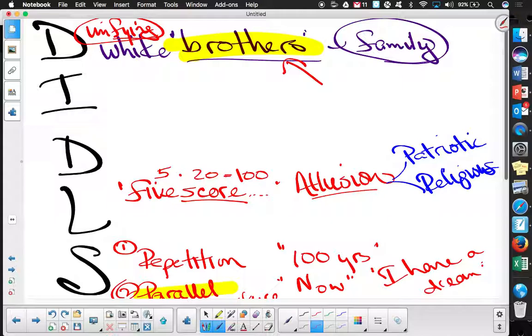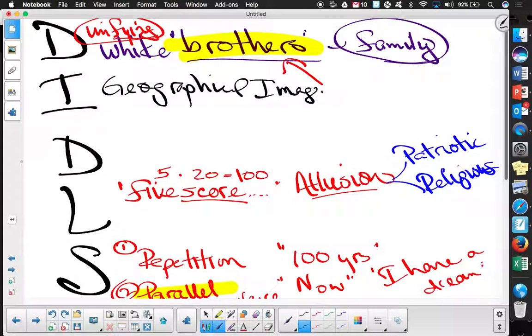Noel? So you want imagery when he gets into the I Have a Dream part of the speech. Mm-hmm. When he's describing Georgia and people joining hands and sitting down at the same table. There's a lot of geographical imagery, and then you're right, sitting down at the same table, they're no longer going to have to drink from the cup of bitterness and all of that kind of stuff.